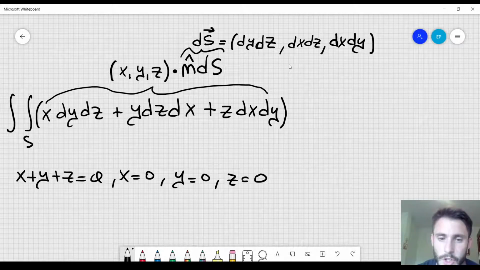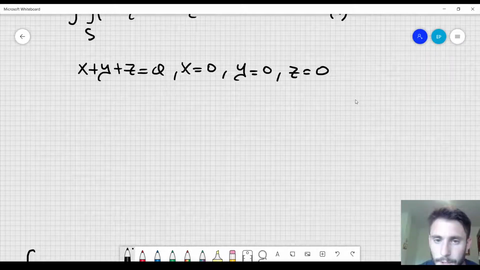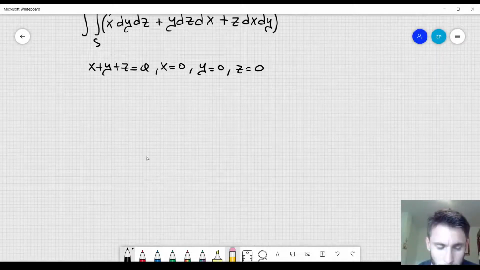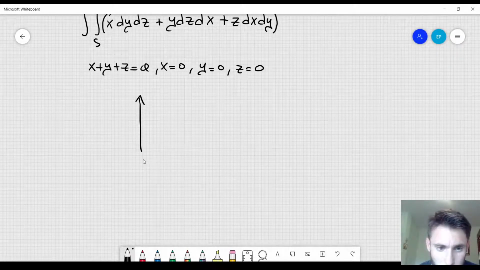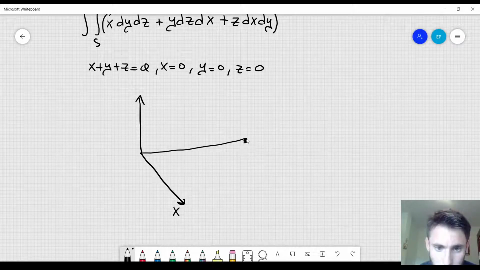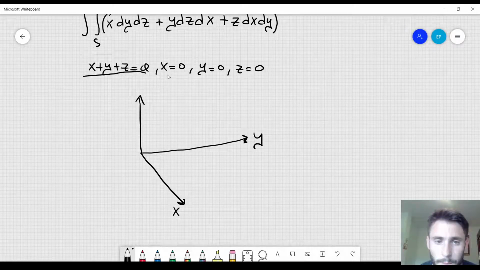Now let me sketch the surface that we have to integrate over. Here we have the z-axis, then let me draw the x-axis like this, and then somewhere here we have the y-axis. And if we consider this plane, and also the fact that we have to consider the planes x equal to 0, y equal to 0, and z equal to 0, we have the following surface.